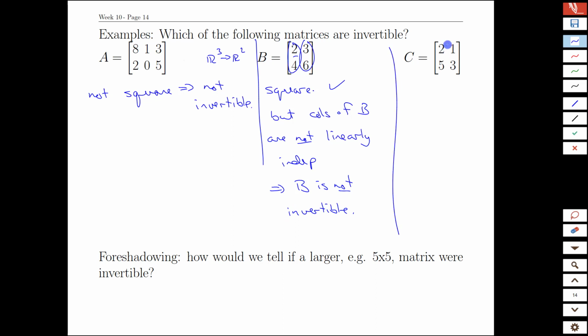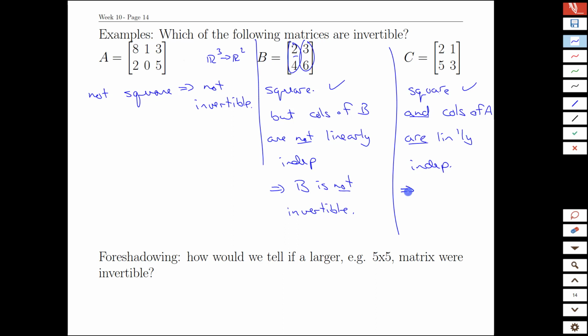Whereas to compare and contrast, here we have a lovely matrix which is square. And I'll try to make my writing more legible. I do apologize. And the columns of C are linearly independent. And so the kernel will be just the 0 value, all the other knock-on effects.